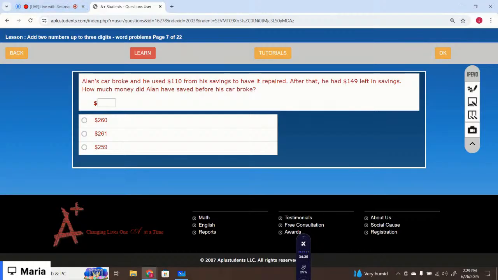Alan Scott earned $110 from selling his books. After that, he had $149. How much money did Alan have saved before? So, 110 plus 149 equals.